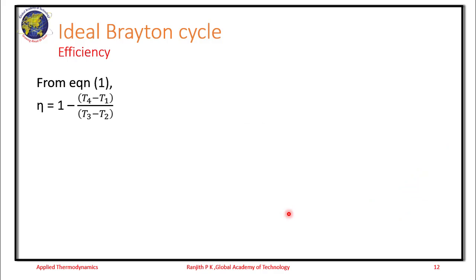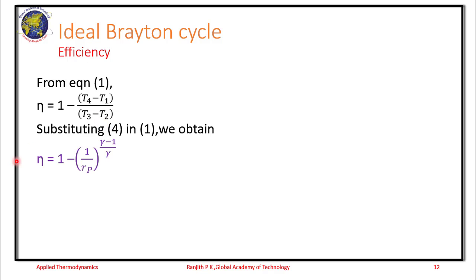Now, from equation 1, we had the intermediate expression for efficiency, 1 minus (T4 minus T1) divided by (T3 minus T2). Substituting 4 in 1, we obtain the efficiency of the ideal Brayton cycle, or the efficiency of a gas turbine, which is 1 minus 1 divided by Rp power (gamma minus 1) by gamma.